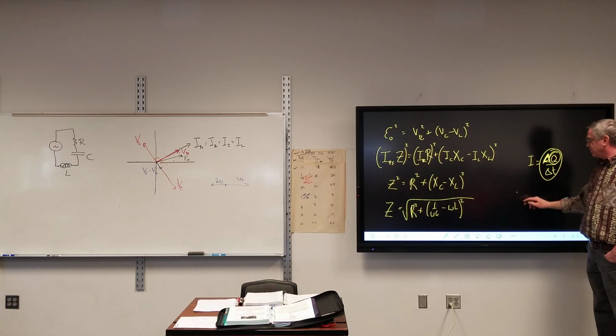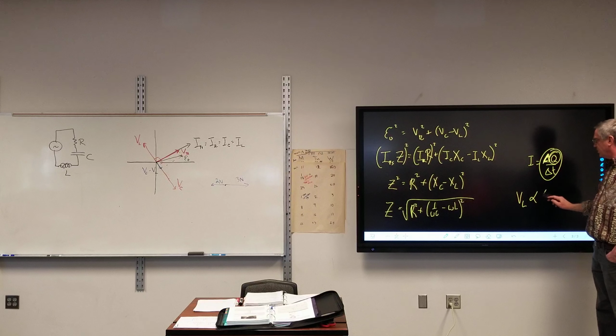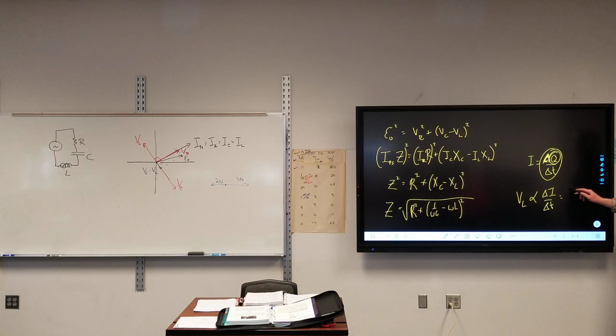Whereas the voltage across the inductance is proportional to the change in the current over the change in time, which is the slope of the current time graph. I mean, that's ultimately where the difference comes from. Makes some sense.